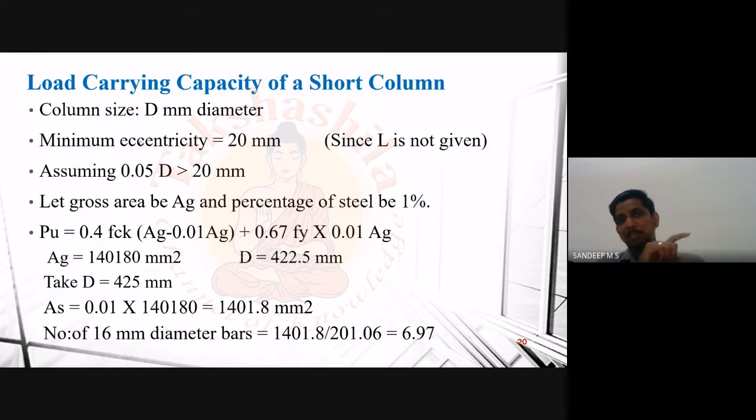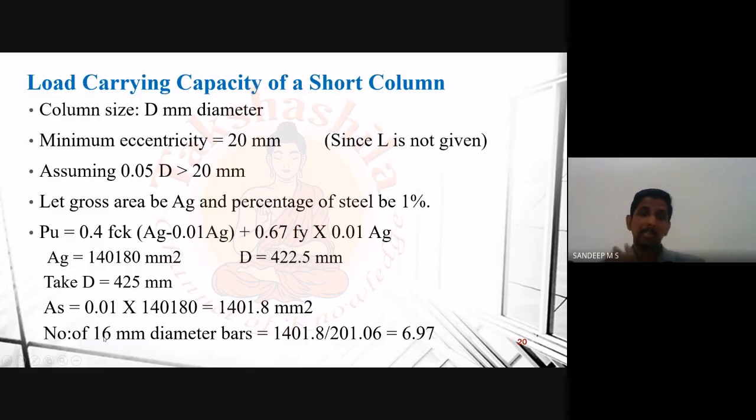We have a clause. Yesterday we discussed that clause. If required, after this class, you just go through the clauses which we discussed yesterday. That is the reason why area of steel is calculated in terms of the area which is required to carry 1500 into 10 raised to 3 Newton. Okay, so from that we will get it as 1401.8 millimeter squares.